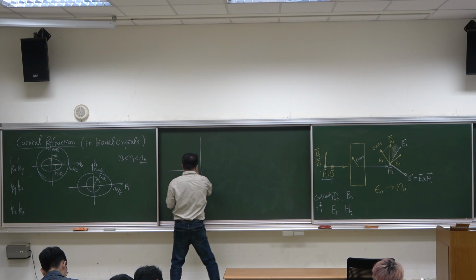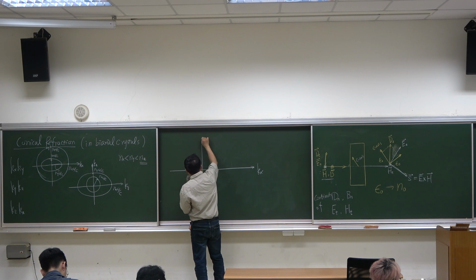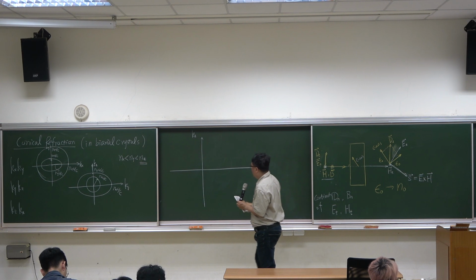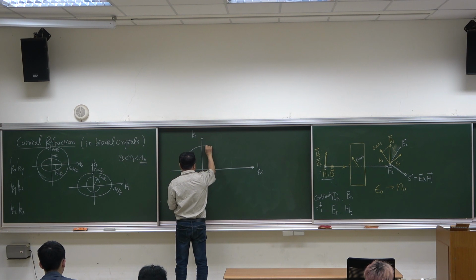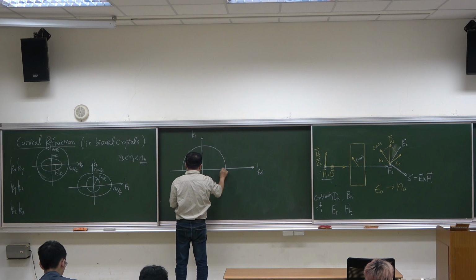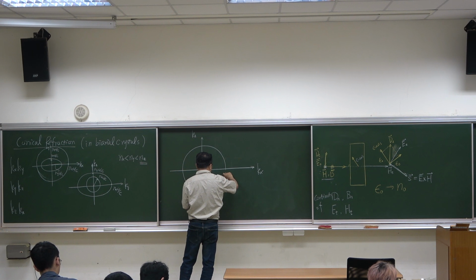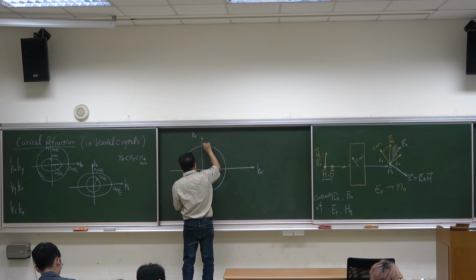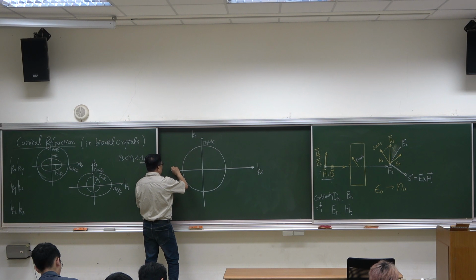Then finally, for the Kx, Kz plane, we have a circle. Its radius is equal to Ny omega over C. And we have an ellipse.